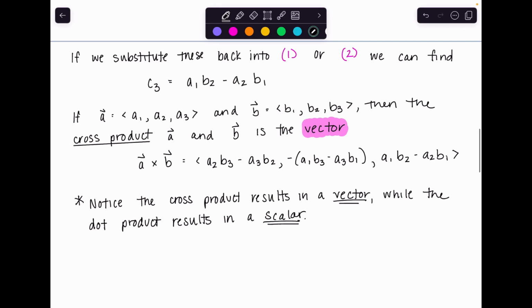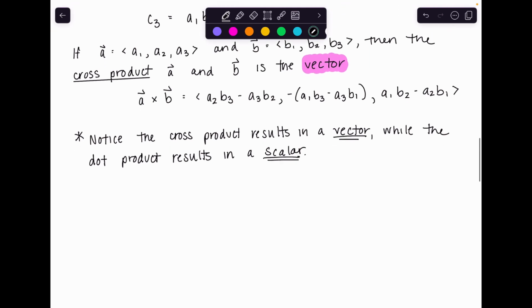But like I said, you're not going to want to memorize this formula. That is a lot going on. So instead, we're going to talk about this using determinants. So if you saw in pre-calc when you went through matrices, you went through the process of calculating a determinant of a 2x2 matrix or 3x3. If you didn't or don't remember it, totally okay. We're going to refresh on that now.